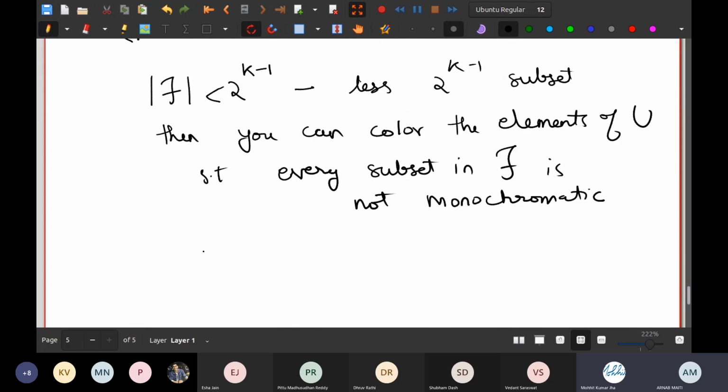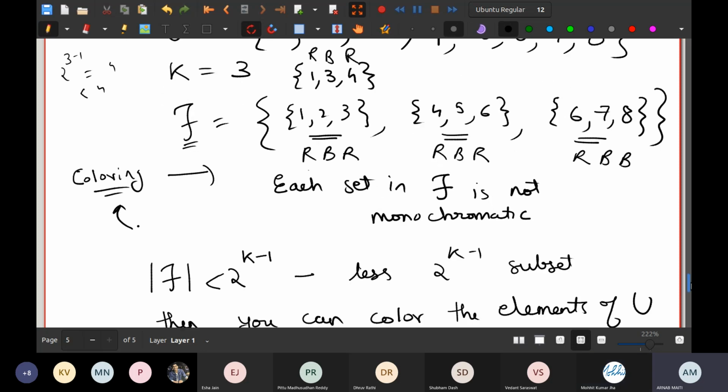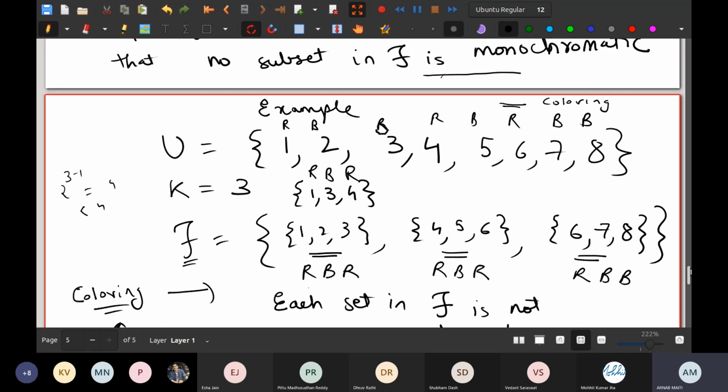Obviously I can give you some simple examples, like I can construct sets such that no two sets have common elements, and then you can get a coloring which you decide. But that's not the converse of this statement. It might happen that you might come up with one particular example where I might not be able to color in such a way. So that is the meaning which you are trying to convey, basically.